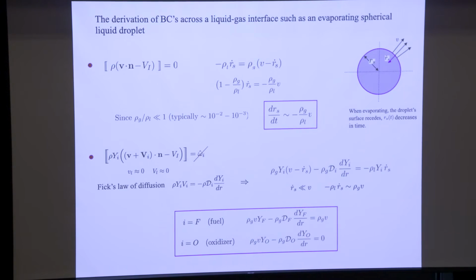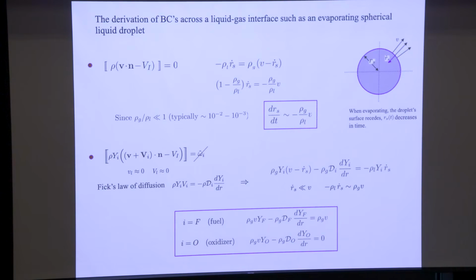This relation simply states that the total flux of the fuel, convective and diffusive, is related to the velocity v, or essentially the rate that the droplet is receding; v is the gas velocity as it's leaving. And since there is no oxidizer inside the droplet, the total flux is 0.